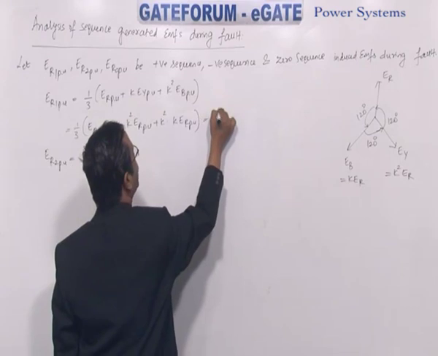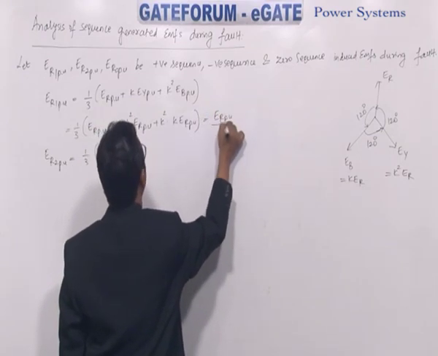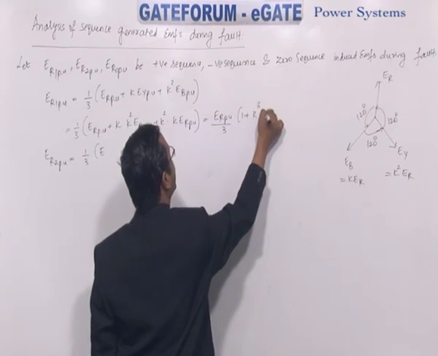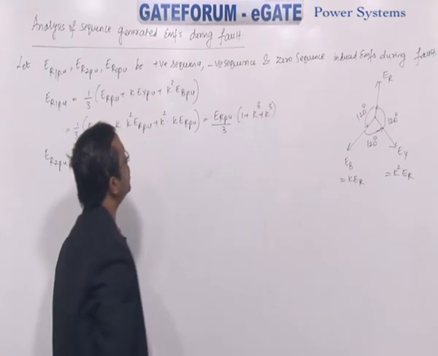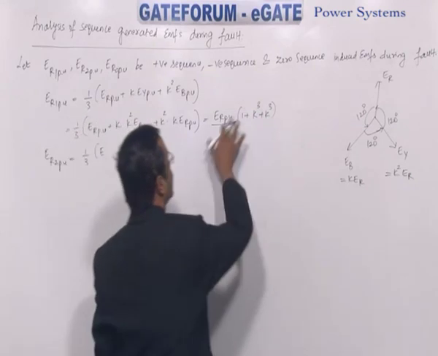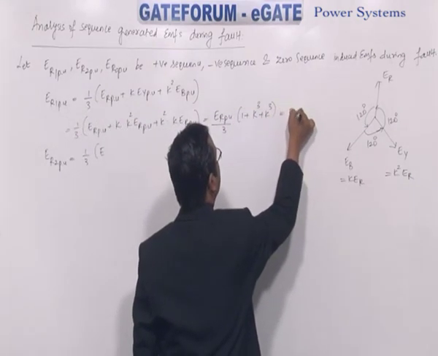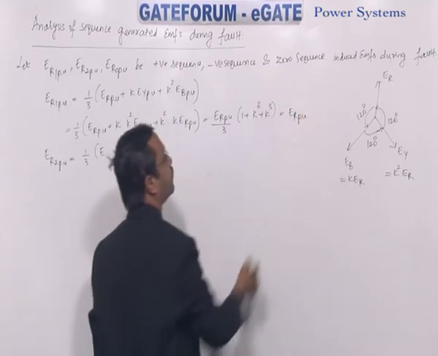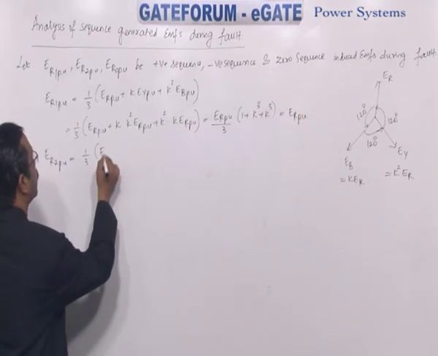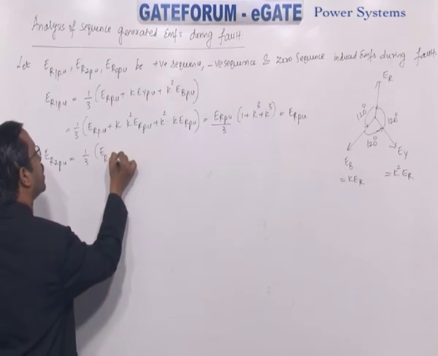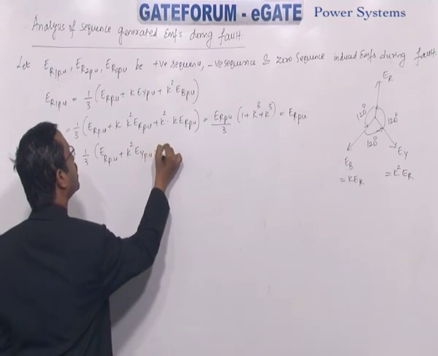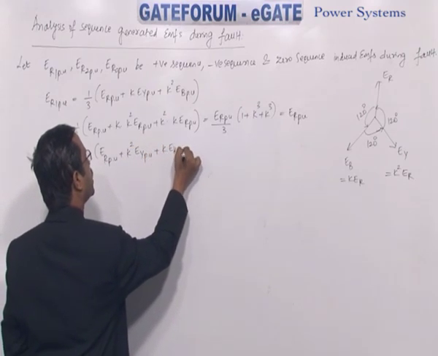If you take out ER common, 1 plus K cubed plus K cubed, and K cubed is equal to 1. So on simplifying, you get ER per unit. Now you know this formula of ER2: ER plus K squared EY plus K EB.